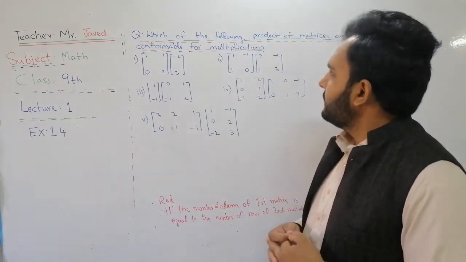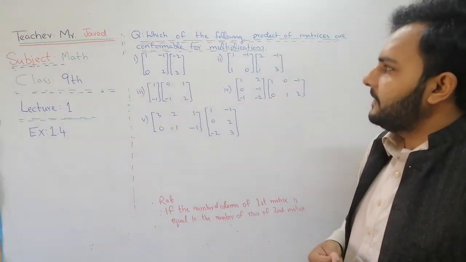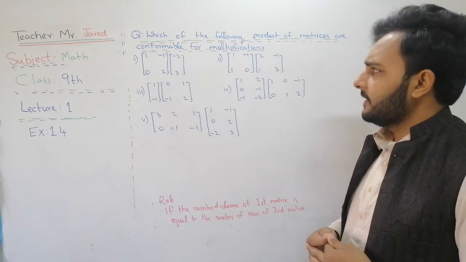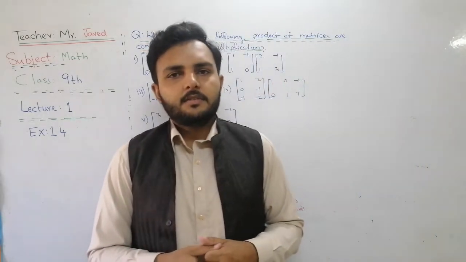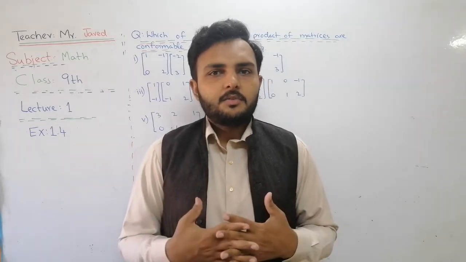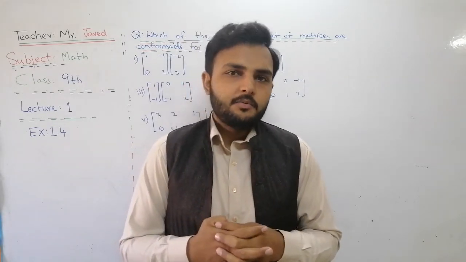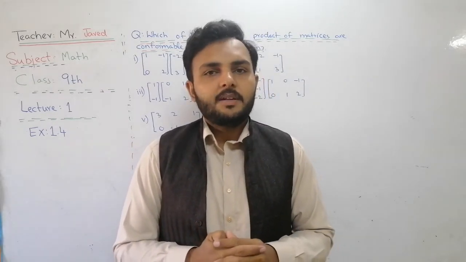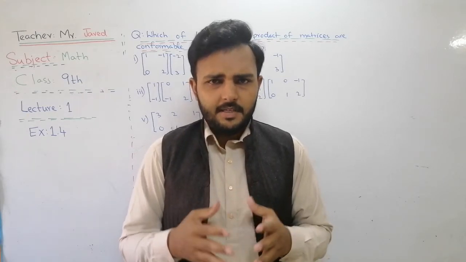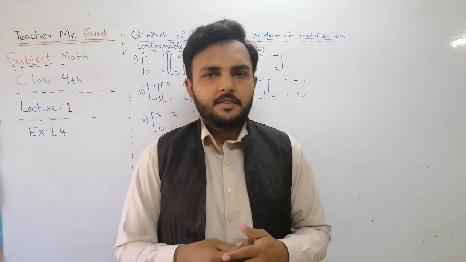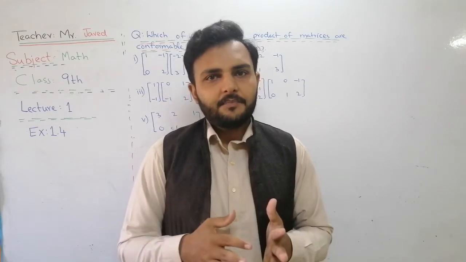Which of the following products of matrices are conformable for multiplication? Before solving this question, I just want to explain how we can multiply two matrices. What is the rule? In matrices there are basically two things, rows and columns.